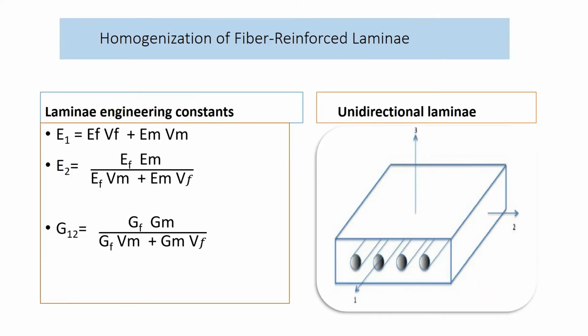Now we see the homogenization of the fiber reinforced lamina. What is the meaning of the homogenization of fiber reinforced lamina? We have seen this lamina is made up of two things. One is the fiber, and another is the matrix.